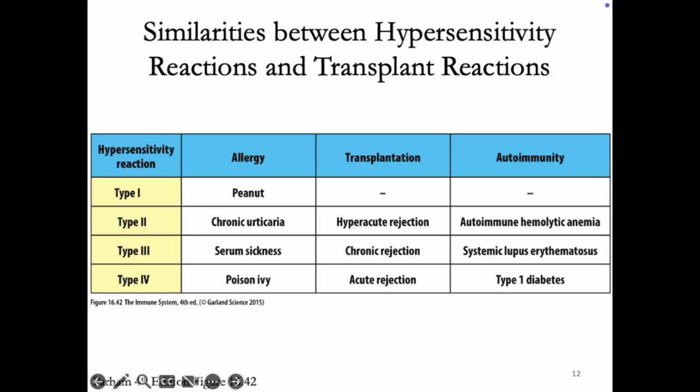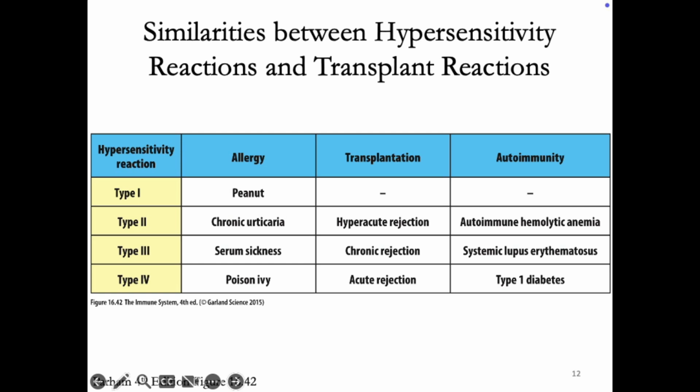The big type of transplant rejection that we're going to spend most of our time talking about is the next quickest type of rejection, which is called acute rejection. And as you can see here, acute rejection is similar to the type 4 hypersensitivity response that I told you about earlier.